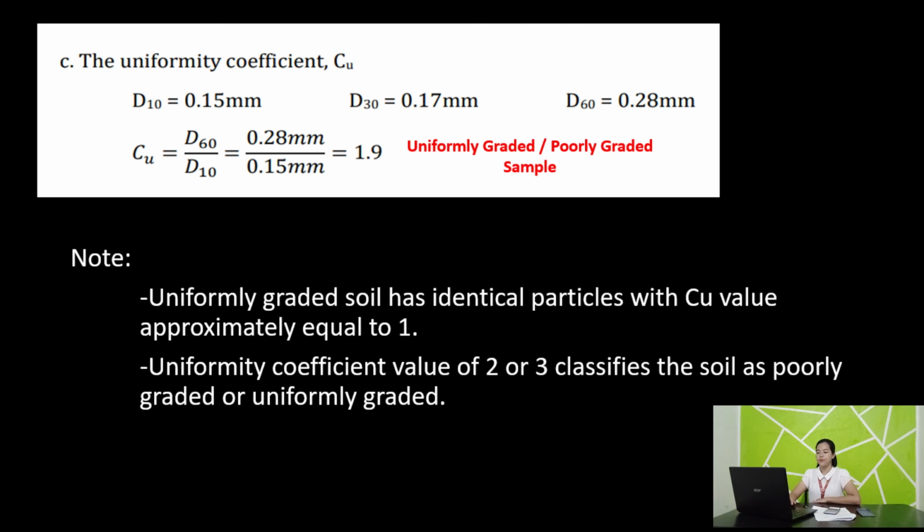So, note, uniformly graded soil has identical particles with a CU value approximately equal to 1. Uniformly graded soil means the particles in the sample are almost the same size. A uniformity coefficient value of 2 or 3 classifies the soil as poorly graded or uniformly graded.